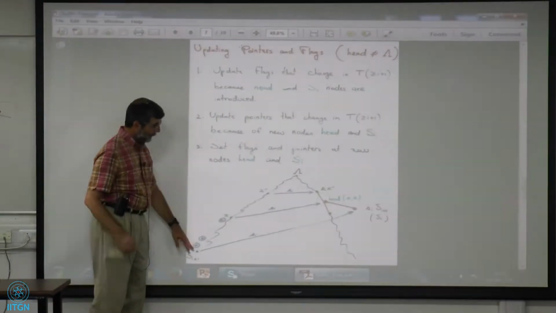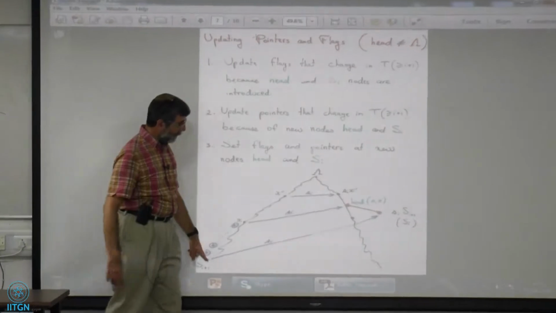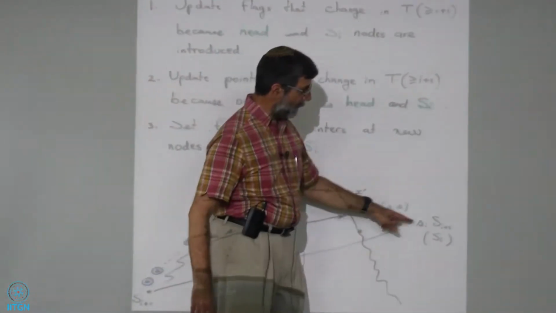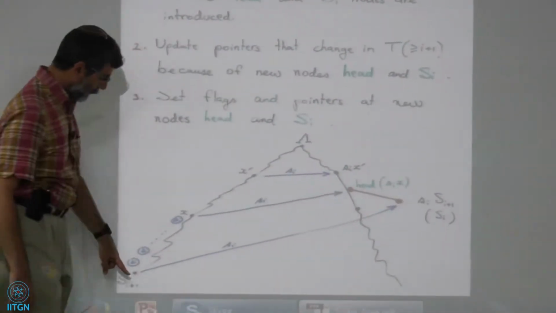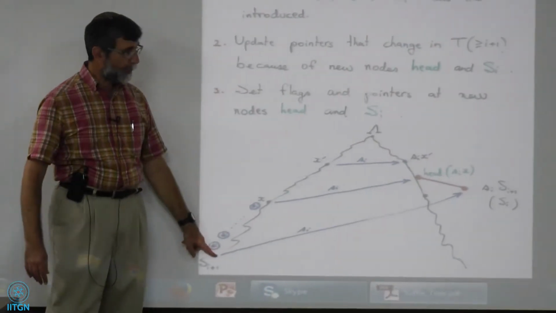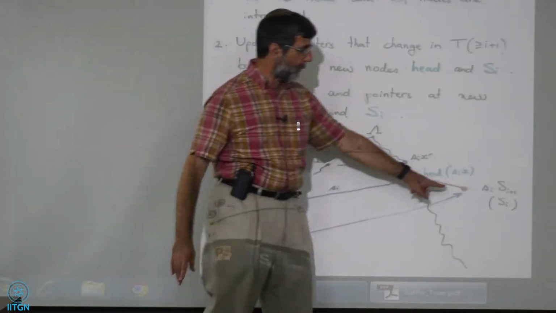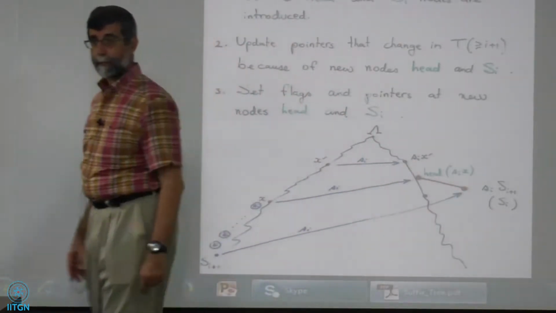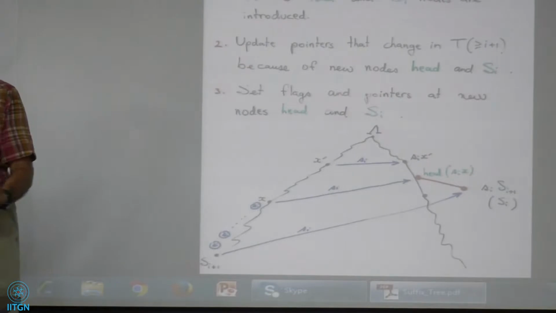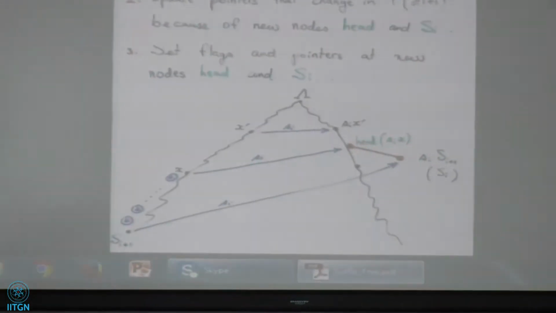Okay, so let's think a bit. Because this is what was added, Si+1 now has a pointer. That's a suffix link. It now has a pointer that points straight to here, because that is exactly what was added.